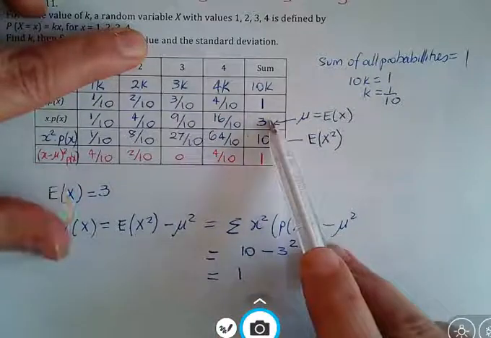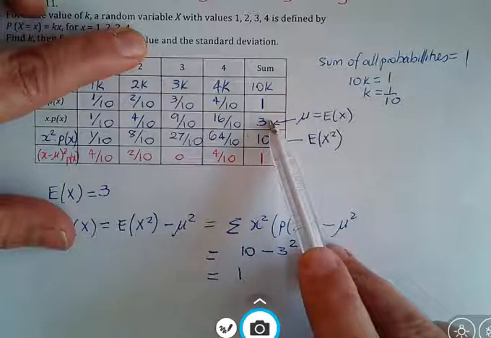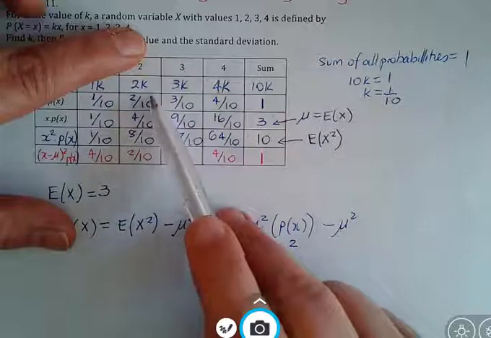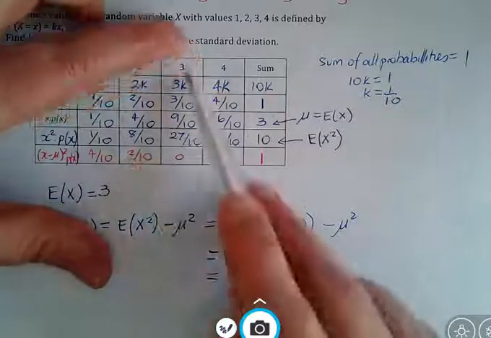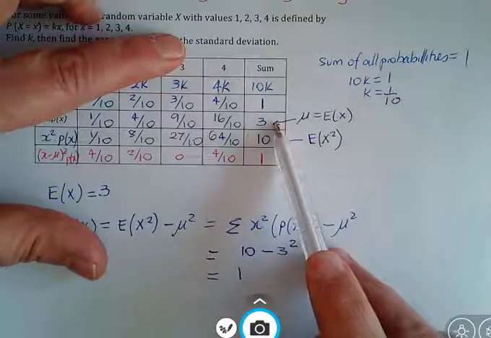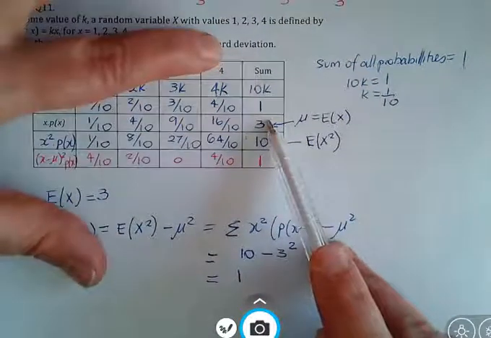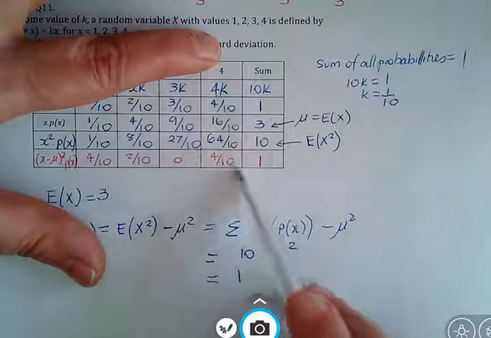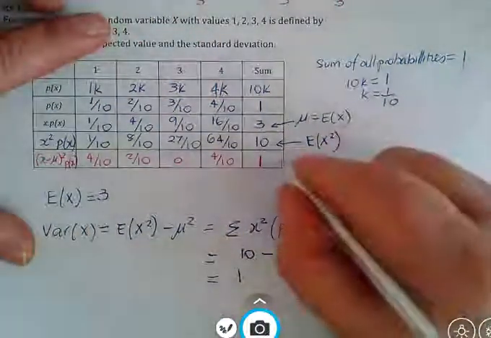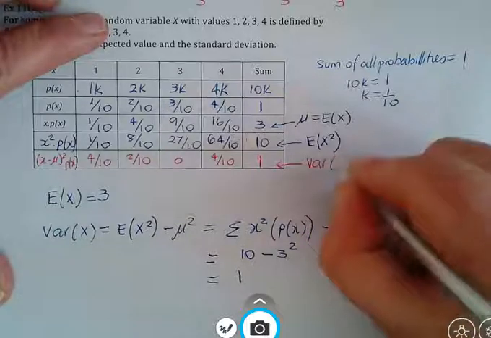For this one, 2 minus 3 is -1. If you square that, you get 1, times 2/10 is 2/10. 3 minus 3 is 0. 0 squared is 0, times 3/10 is 0. And 4 minus 3 is 1. 1 squared times 4/10 is 4/10. Adding those up, this is the variance of x.